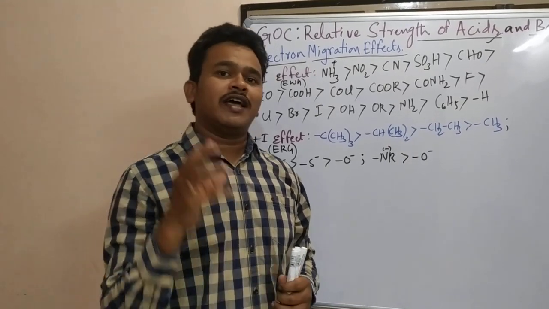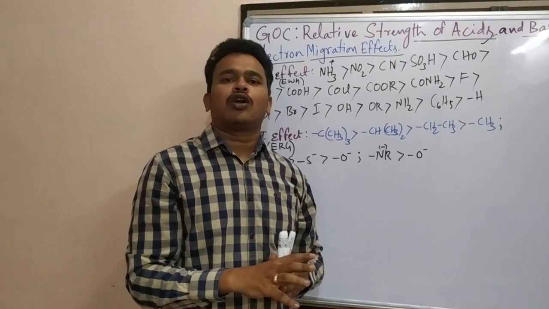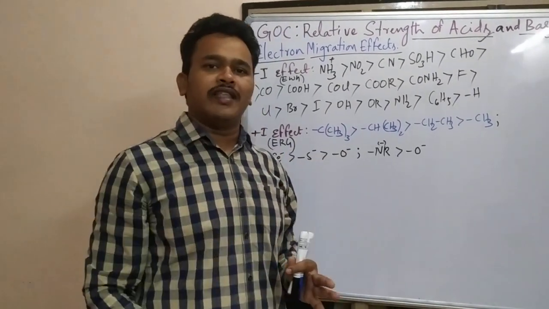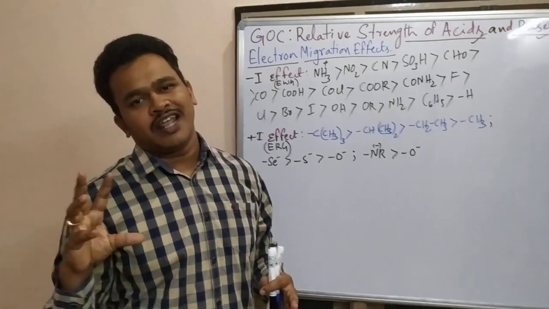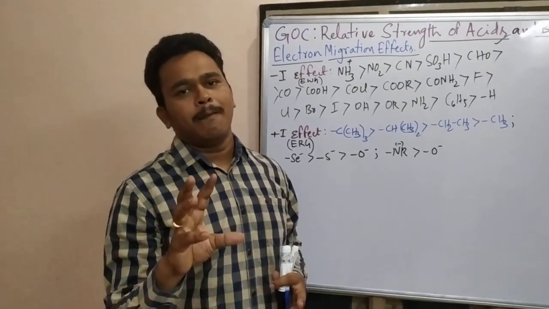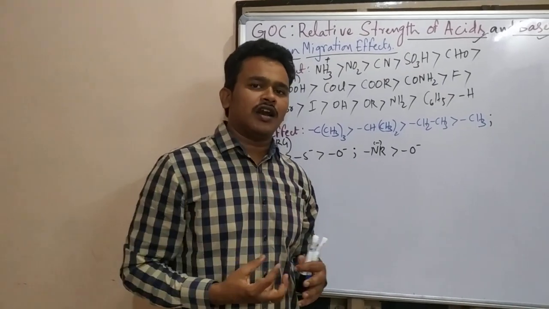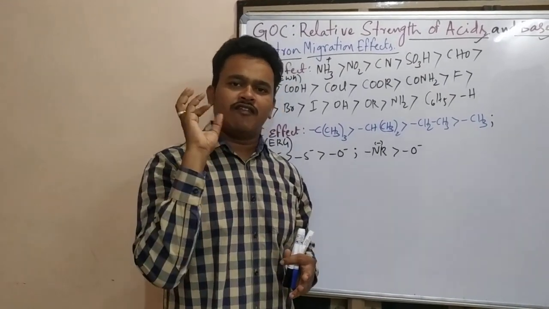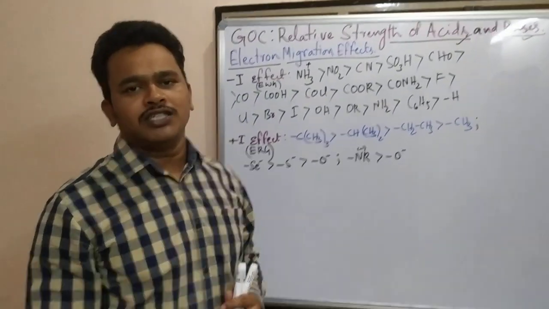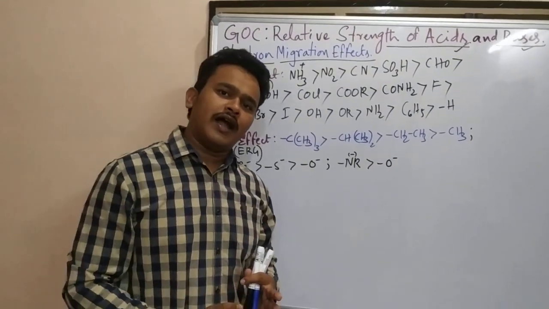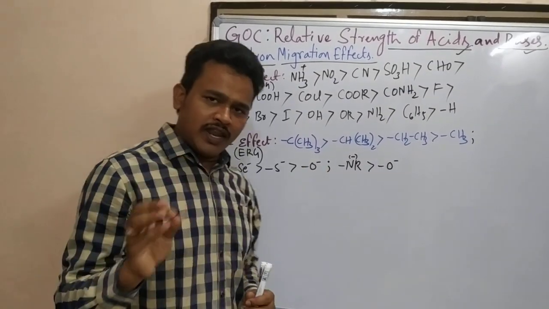Plus M groups can donate, they can push the electron cloud, the pi electrons, the lone pair of electrons. That's why they can release them. They all come under plus M. Minus M means they can withdraw electrons. In this, there will be a conjugation with the involvement of multiple bonds, lone pair electrons, and pi electrons. And the next one is electromeric effect.